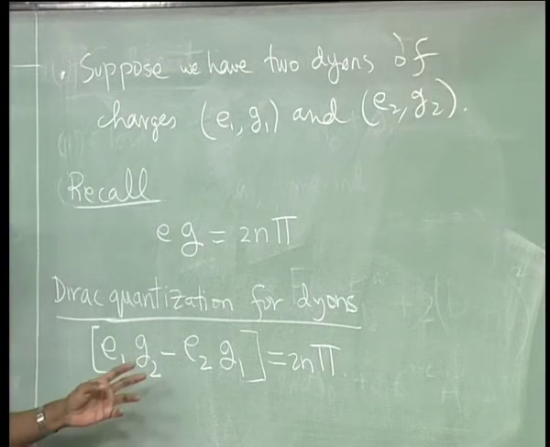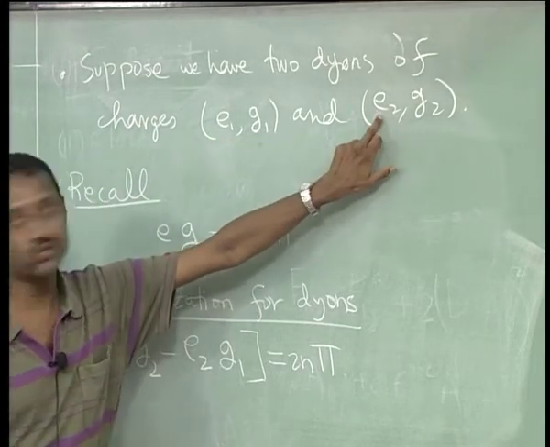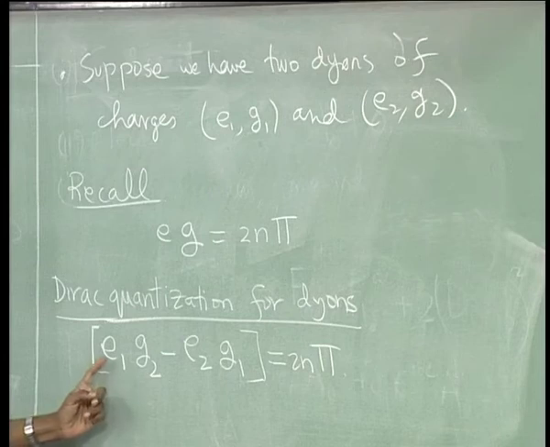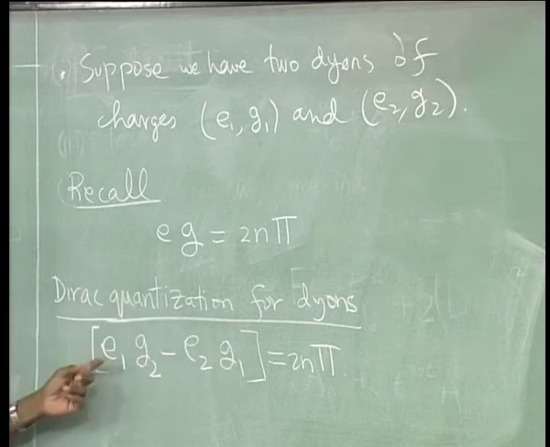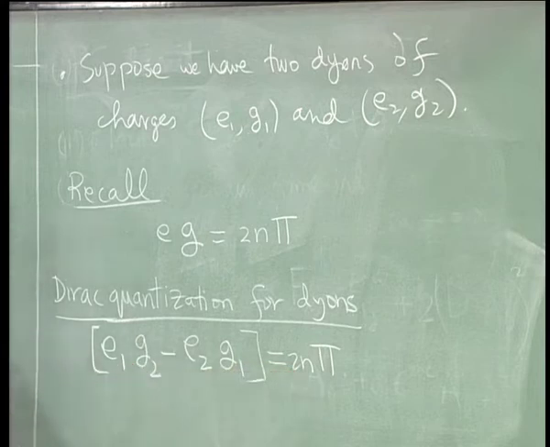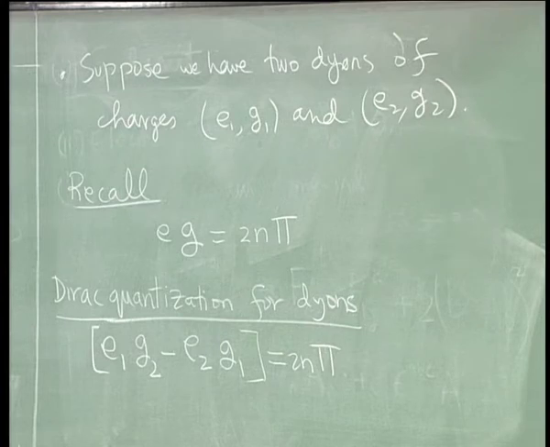Let us take a case where G1 is 0 and E2 is 0, then this just becomes E1 G2 equal to 2n pi, and this term drops out. If you go the other way around, again this works out, but there is a minus sign; all that matters is that it is an integer. More general would be when you have objects which are both dyonic. I will not derive this formula at all.